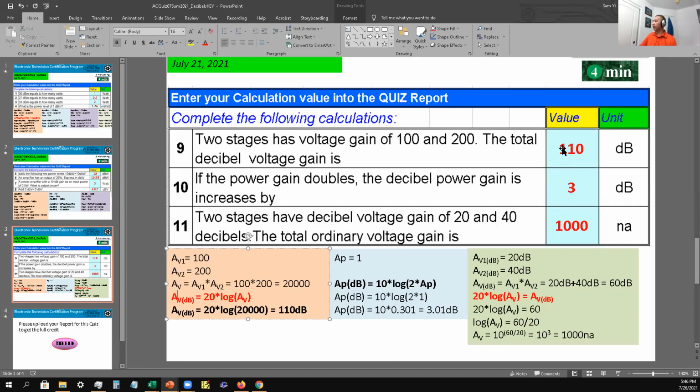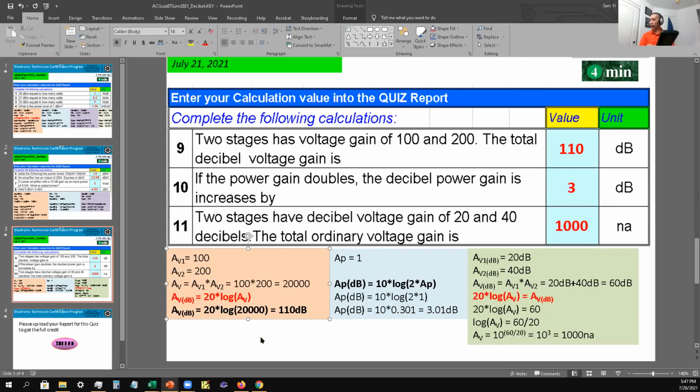I have a question there. Yes. My answer, I got the same formula, but when I do the 20 log 20,000, I get 86, I believe. Let me see. I'm using my calculator. Please double check. I got 86. Okay, I got 86 as well.